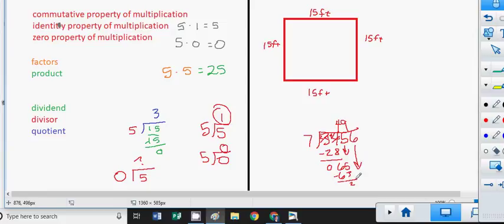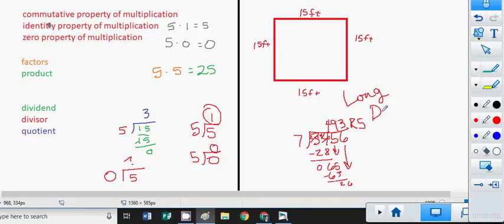Bring down your 6, 26, I'll fit 7 3 times. 21 into 26 leaves a remainder of 5. 493, remainder 5. This was called long division, what I just did. And that's what I typically use in class. If you didn't follow, maybe watch it over again or read over the way they show it on page 15.